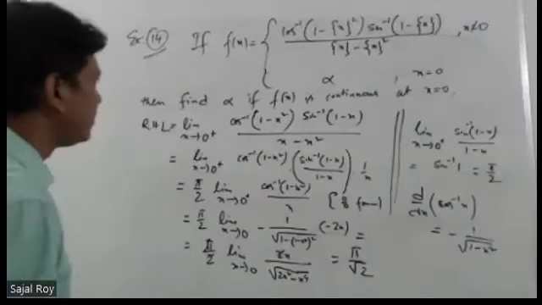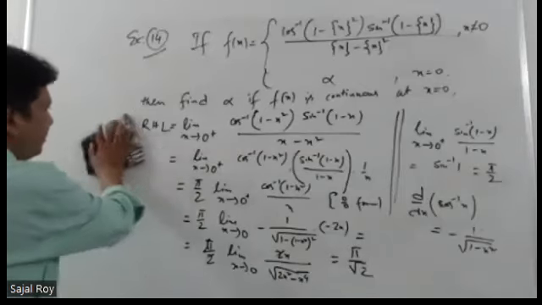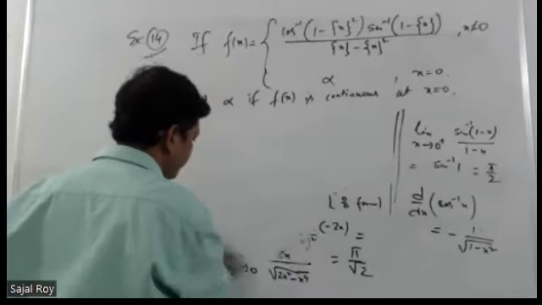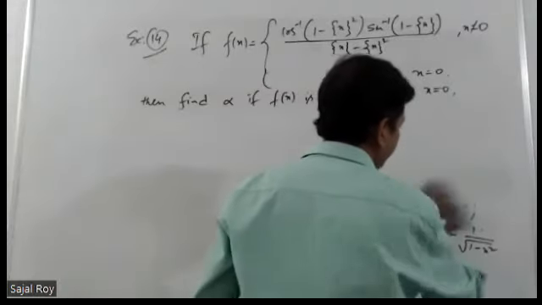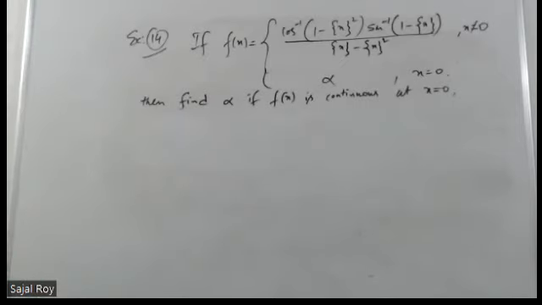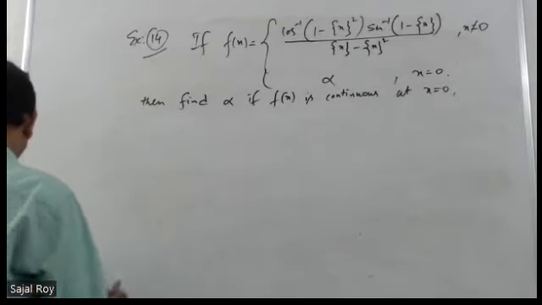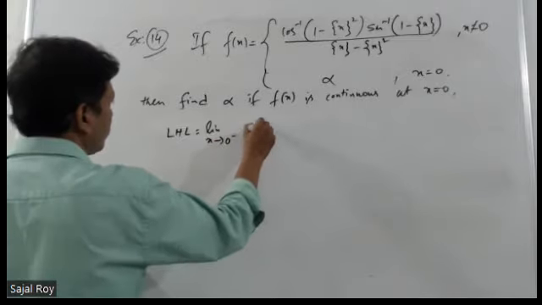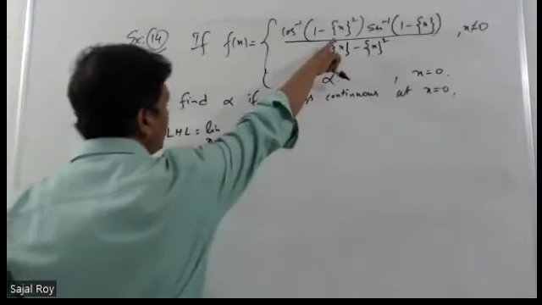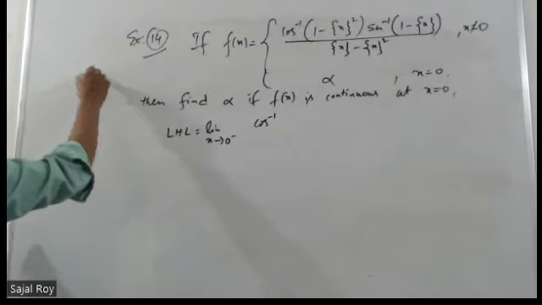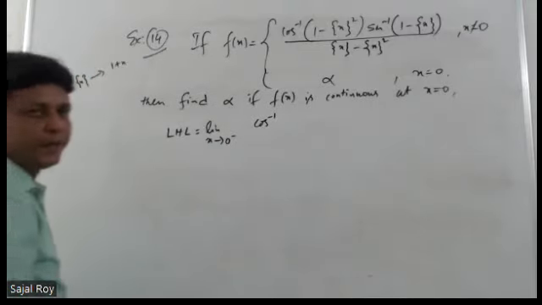Now what about the left hand limit? Cos inverse, your fractional part will be 1 plus x if it is the left hand limit.